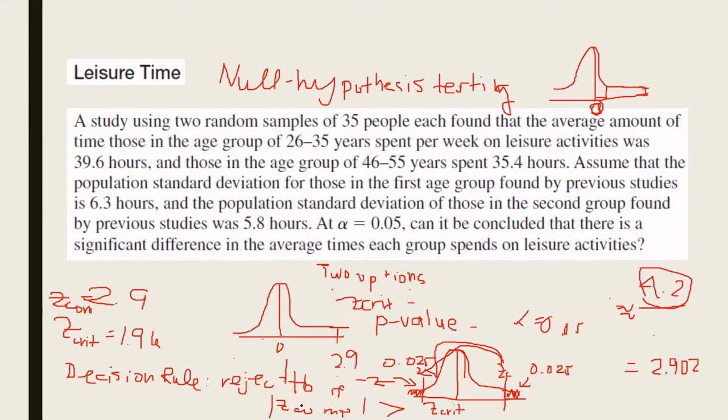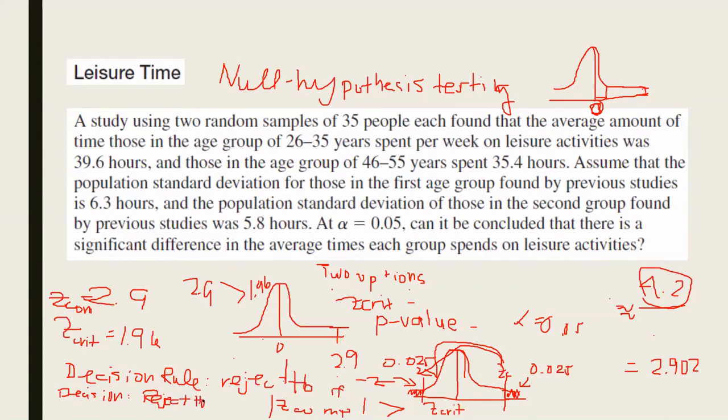So the question is, is the Z computed greater than the Z critical? The answer, of course, is 2.9. We know that it is greater than 1.96. So therefore, the decision is we need to reject H0.